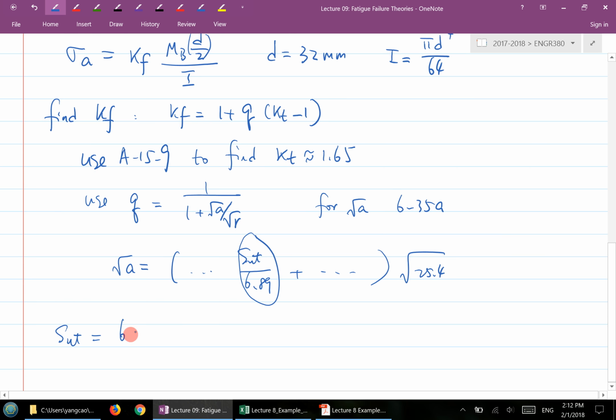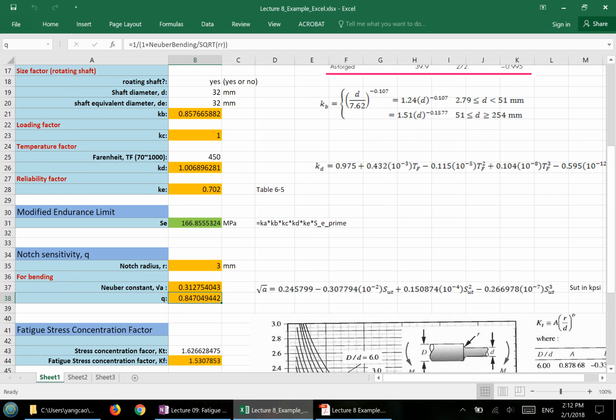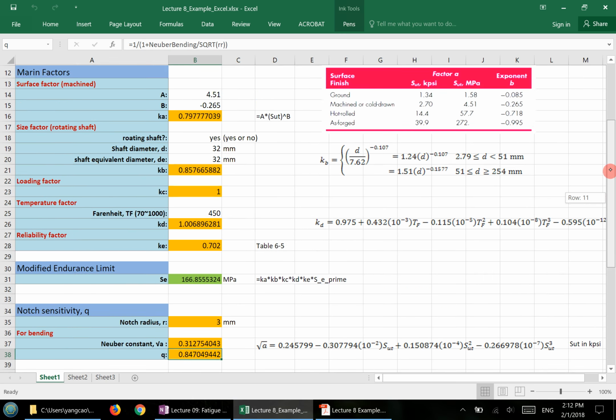Sut is 690 megapascal for AISI 1050. This can be found from table A-20. If you look at A-20, you'll find this Sut value. I'll show you the Excel. You see that I have an Excel here, showing how you can calculate this one.